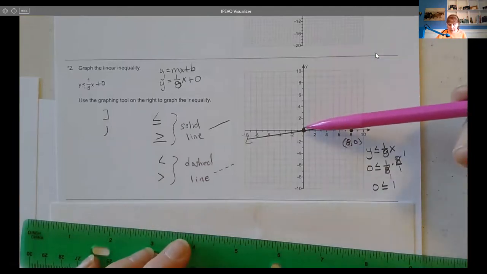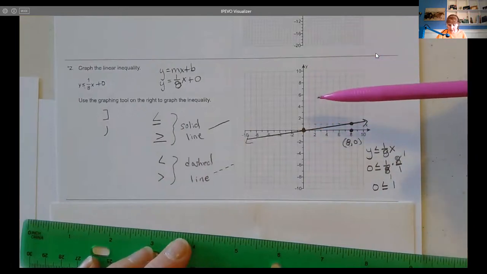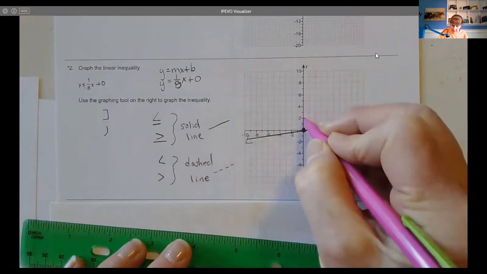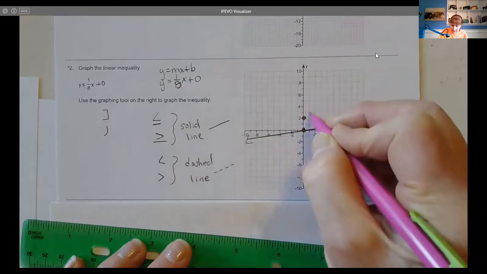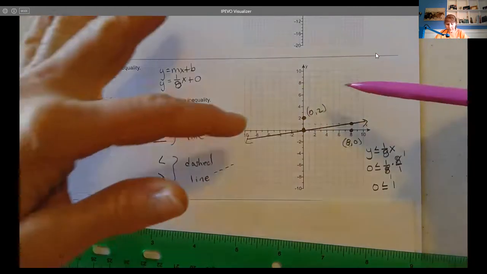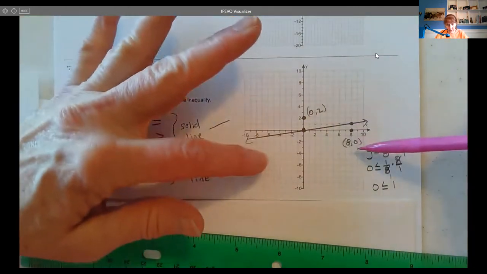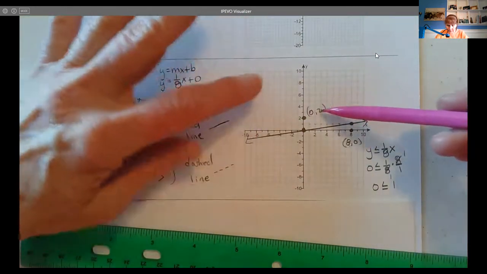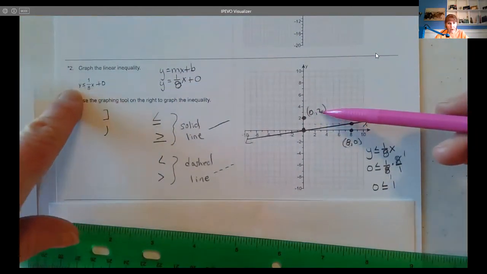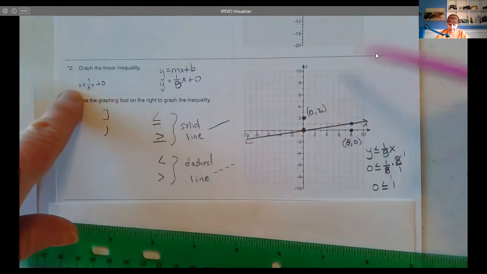Because if I were to pick a point up here, maybe, how about the point (0, 2)? Will a point up here work, or is it just down here? I'm going to put 0 in for x, and 2 in for y and see if it's true.